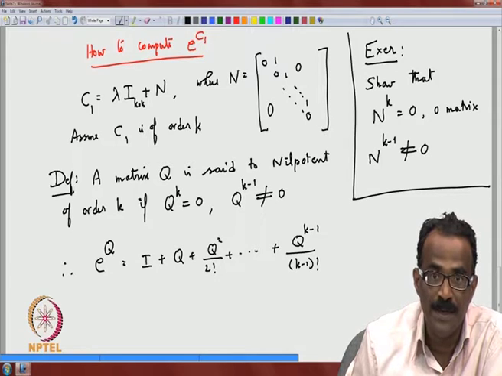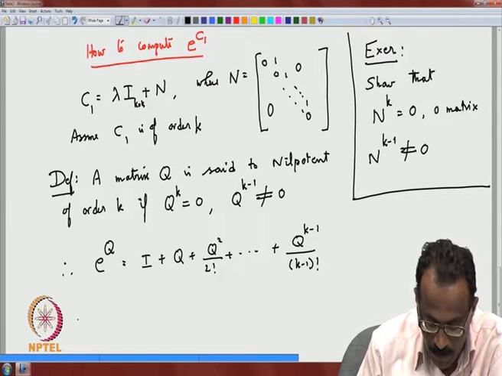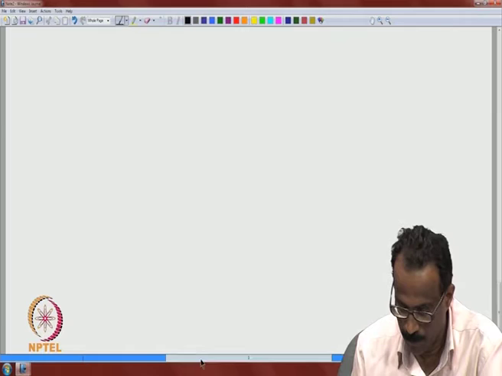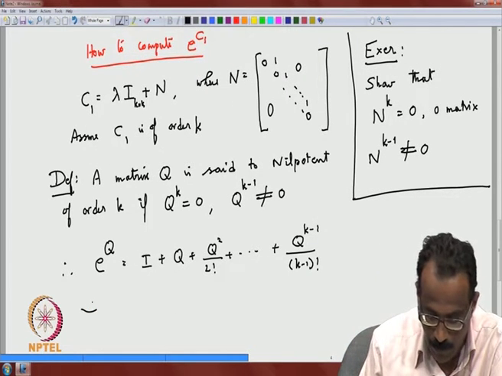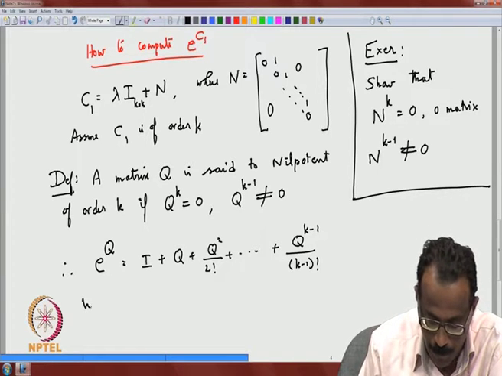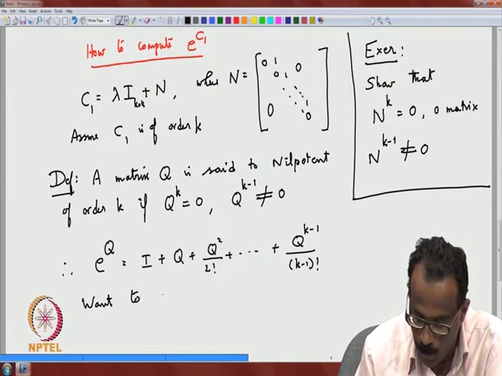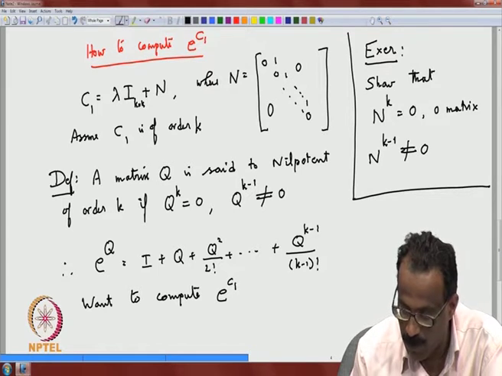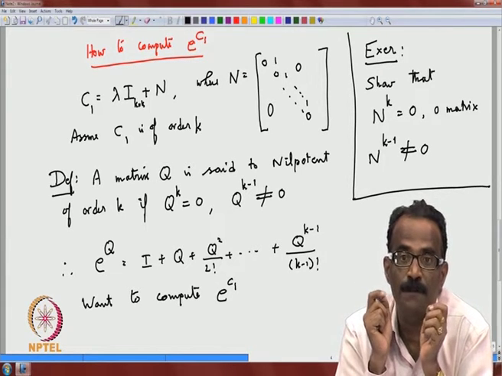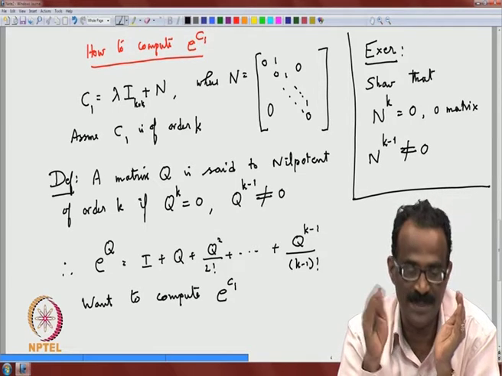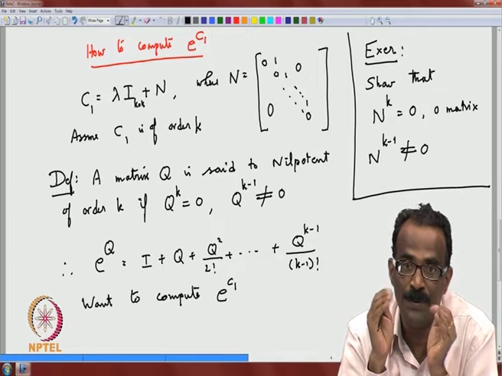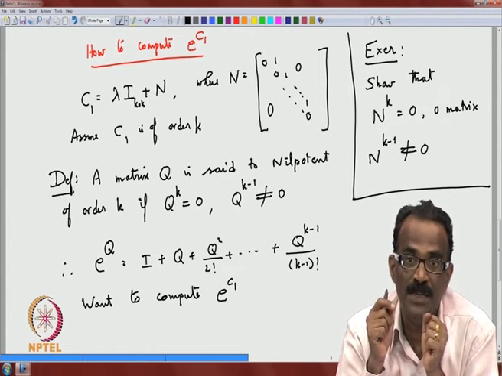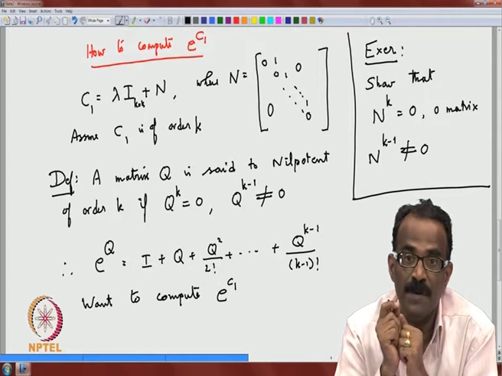Our aim is to compute e power C1. As I remarked earlier, e power A plus B is equal to e power A into e power B if A and B commute.